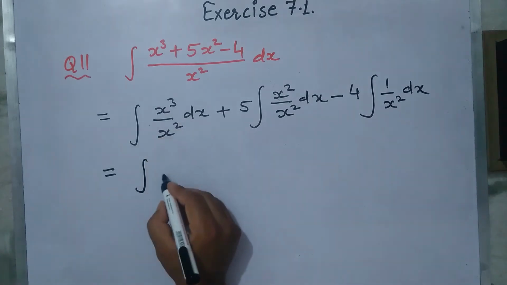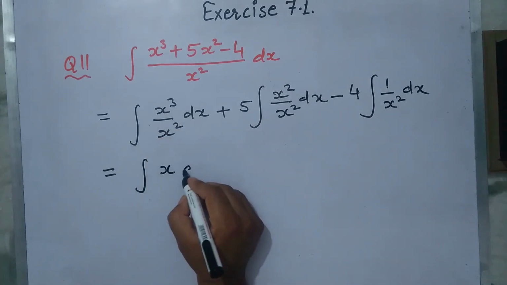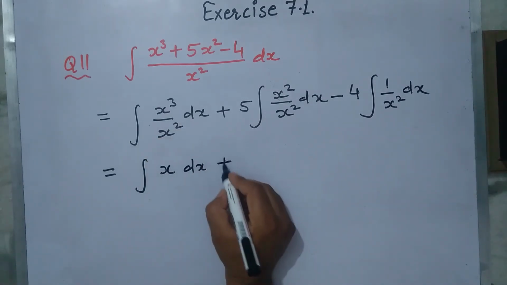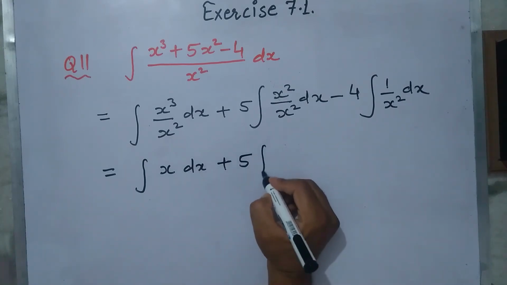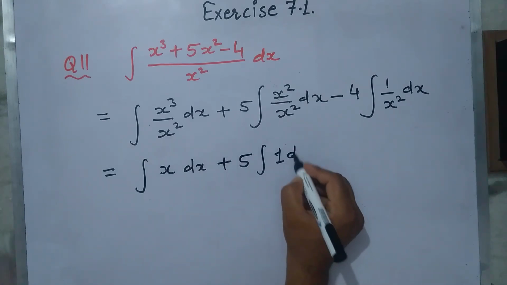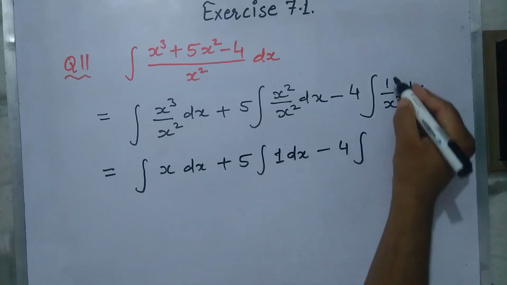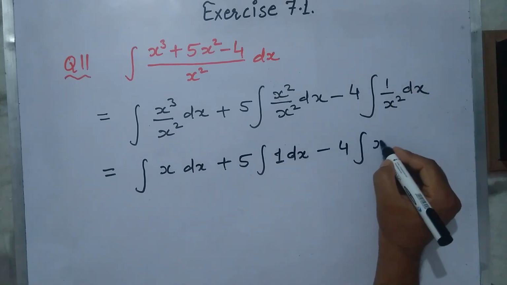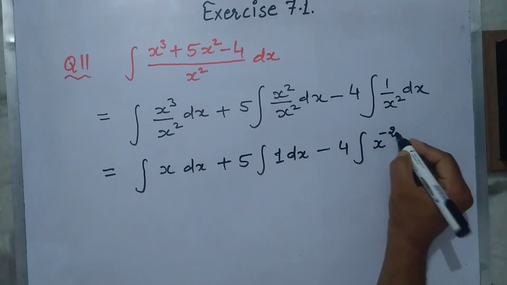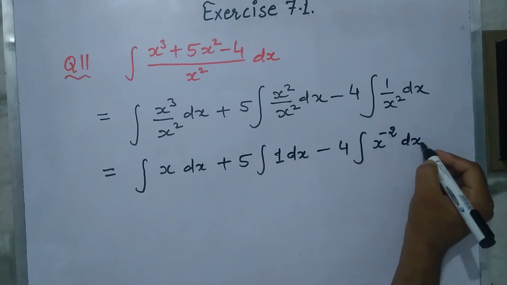So next we have x^3 upon x^2 dx plus 5 times 1 dx minus 4 times 1 upon x^2, which can be written as x raised to power minus 2 dx.